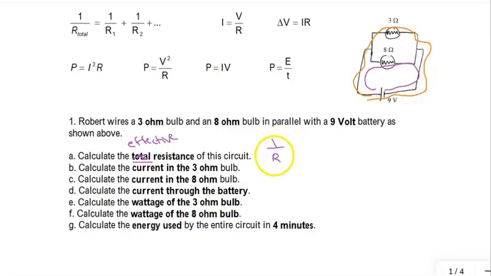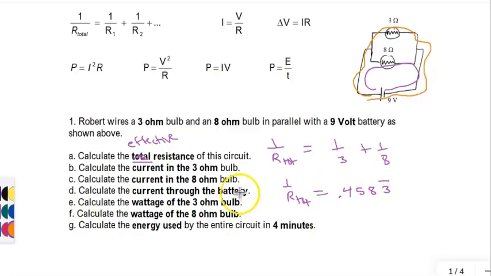So 1 over R tot equals 1 over 3 plus 1 over 8. And so 1 over R tot equals 0.4583 repeating.